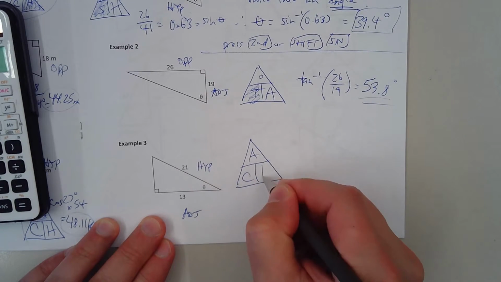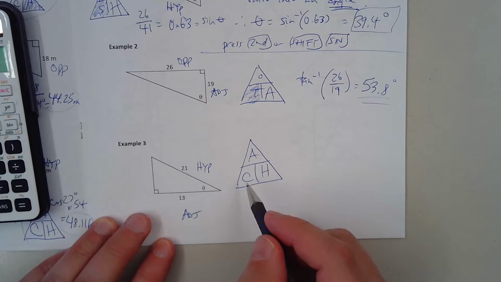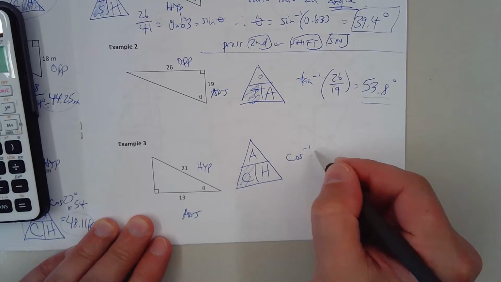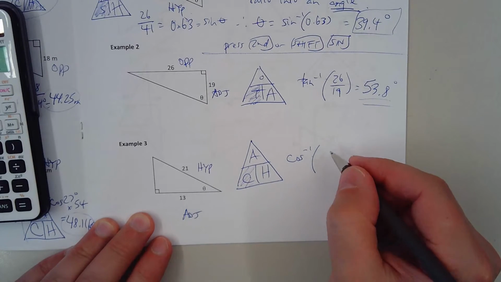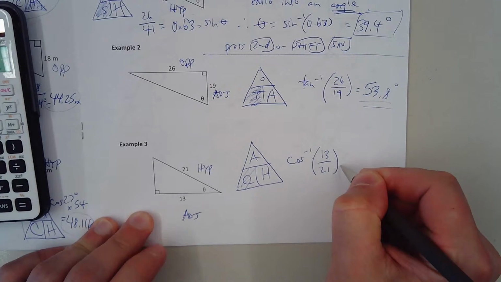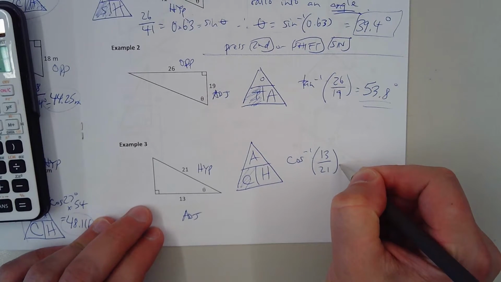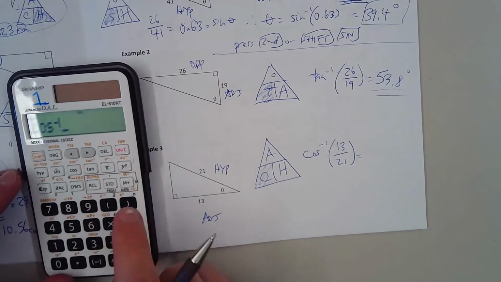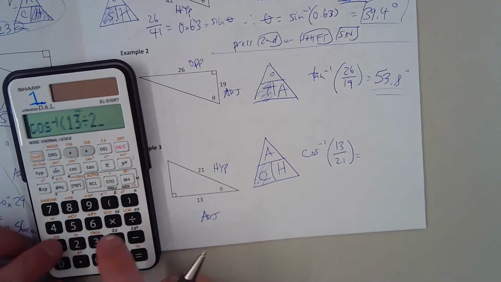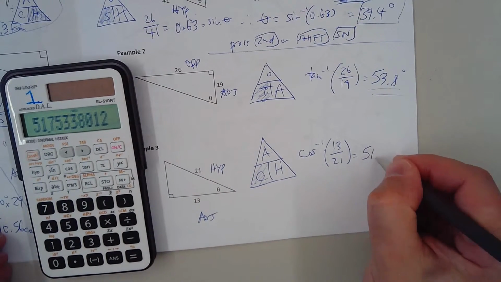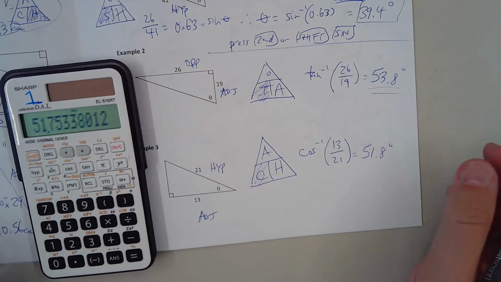Cosine. Okay, and we're looking for this. So I really want to know what the inverse cosine of, I guess, 13 over 21 is. Sounds about right. 13 over 21, which is 51.8 degrees or 52 degrees. They're all good.